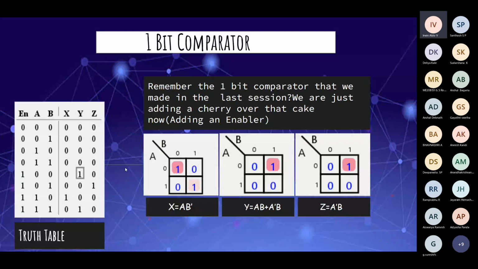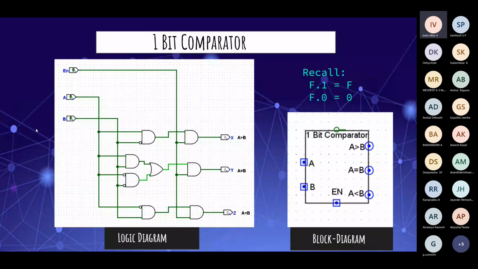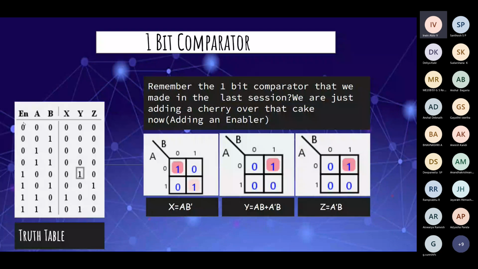By off I mean every output should be zero, irrespective of what values of A and B we input. In case enable is one, then the values of X, Y, and Z correspond to what we have done in yesterday's session.